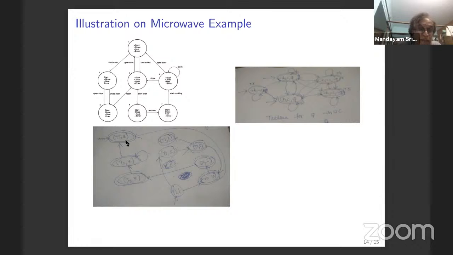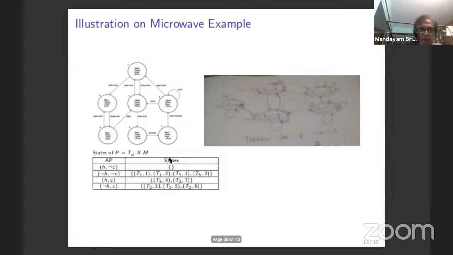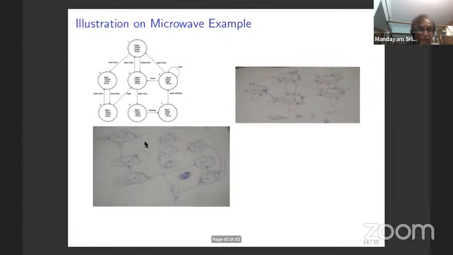So the initial state of the product machine that is of concern to you is the one in which there is this dashed edge, that is T5-1. T4 doesn't even appear here because T4 has H not C, and there are no states in the product machine corresponding to that because there's no H not C there, and therefore that gets completely eliminated.